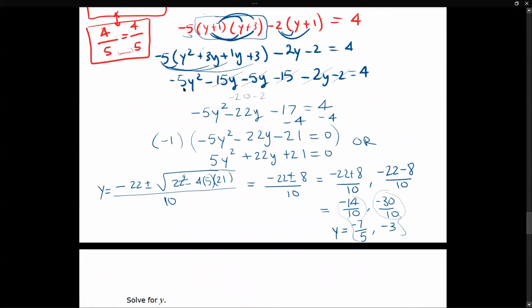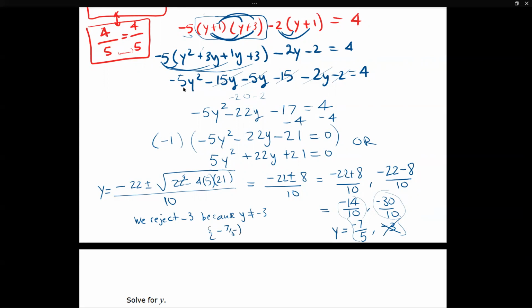Since it cannot be -3, this is going to be rejected. So we reject -3 because y cannot equal it based on what we started with. So the solution set is -7/5.